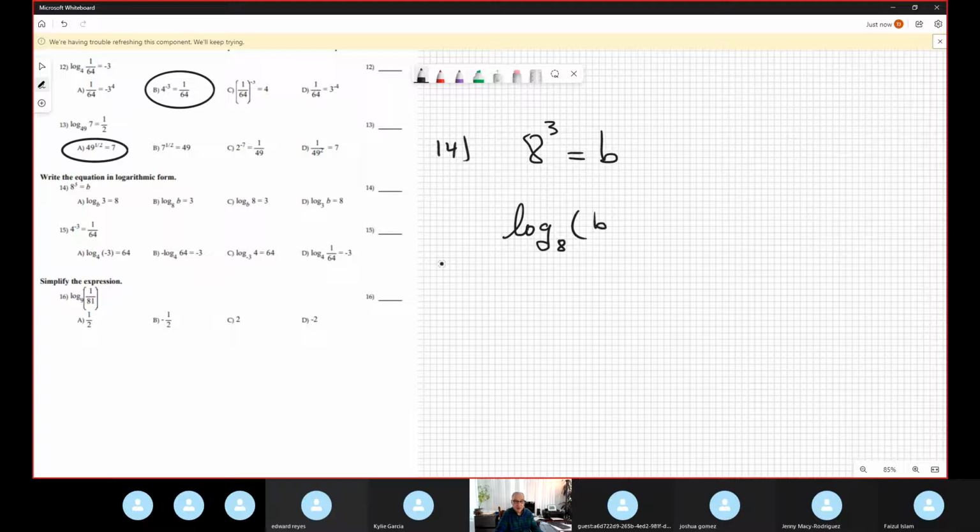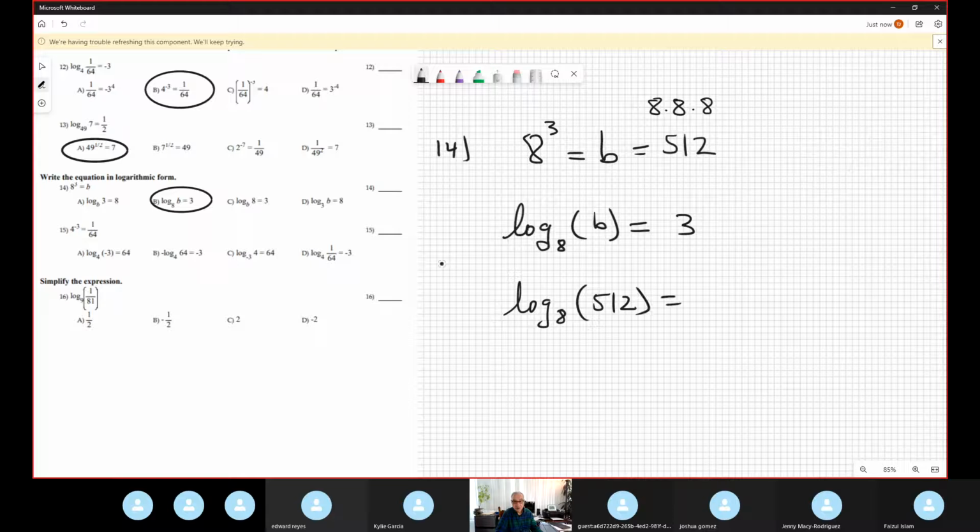Inside the parentheses you put b equal, and the answer would be the exponent, always 3. Okay, and it's option B. But curiosity, who is b? What value is b? Oh no, b is 8 times 8 times 8, which is 512. So you multiply 8 three times, no? So in conclusion, logarithm base 8 of 512 is equal to 3. This is extra.